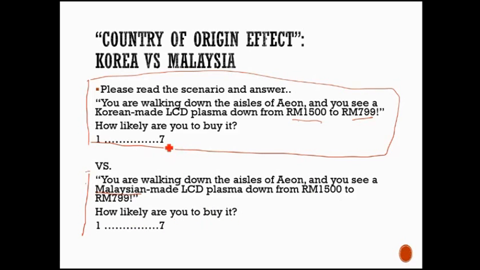So then you get the score here. Let's say the score here is around here. On the second scenario, the score is around here, then what do you do? You do a t-test, right? You do a t-test to compare whether this number is statistically significant from this number, and if it is or if it isn't, you're done.